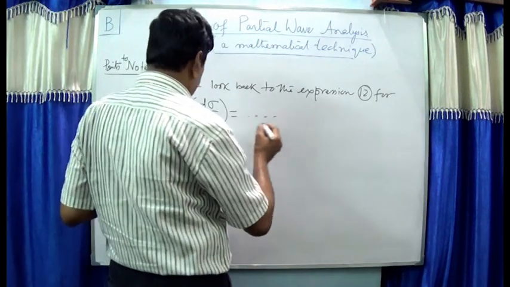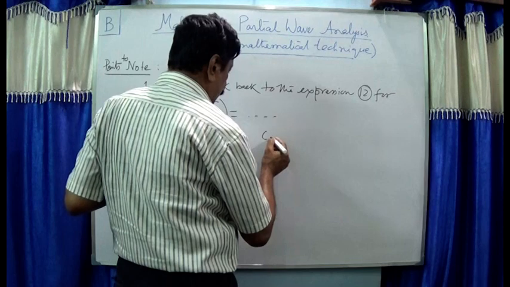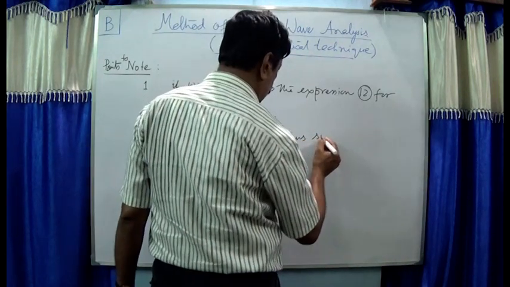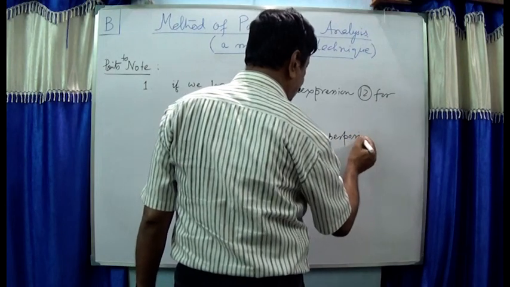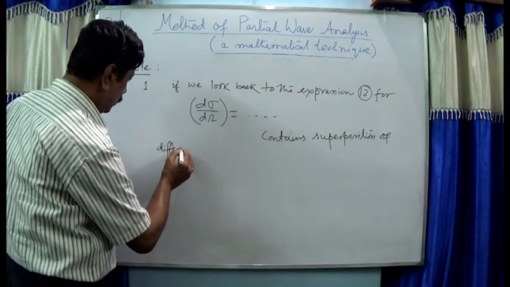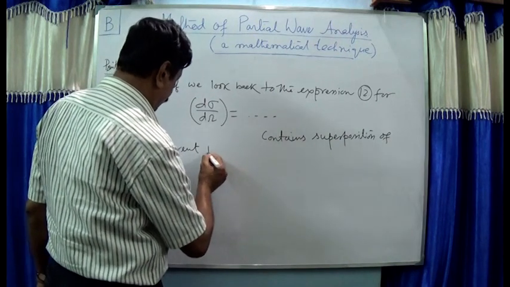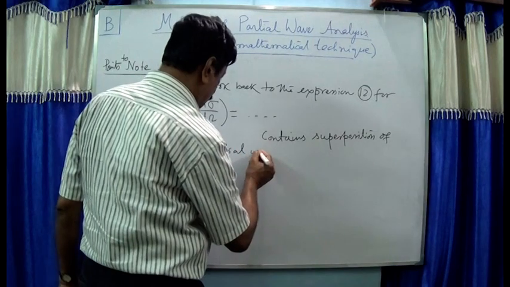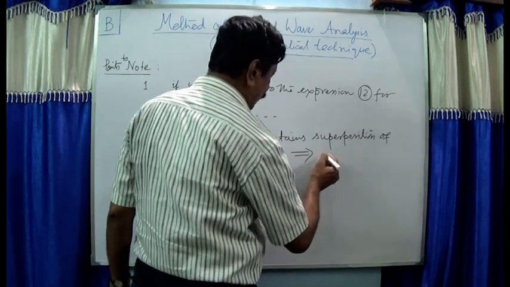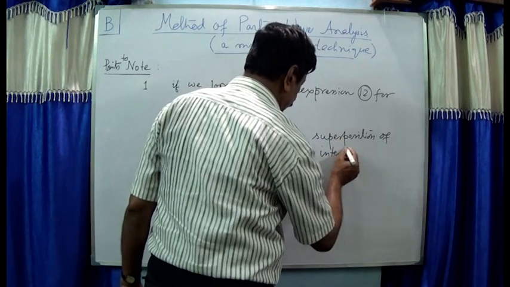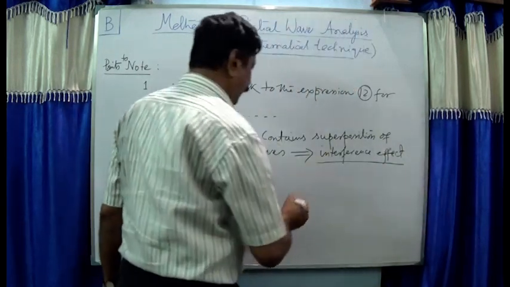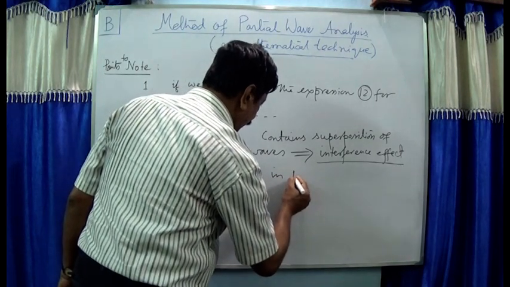Why? This expression contains a superposition of different partial waves, which in turn gives us the interference effect in the differential cross section.